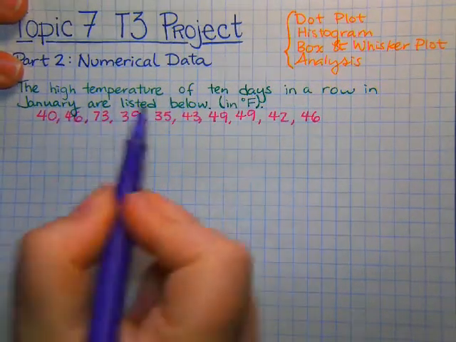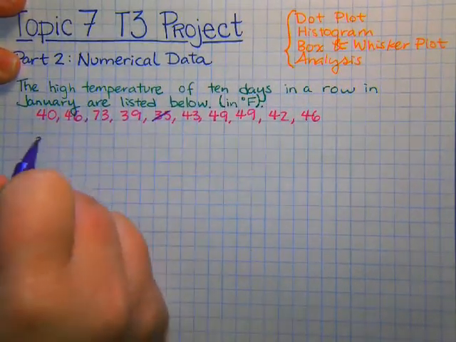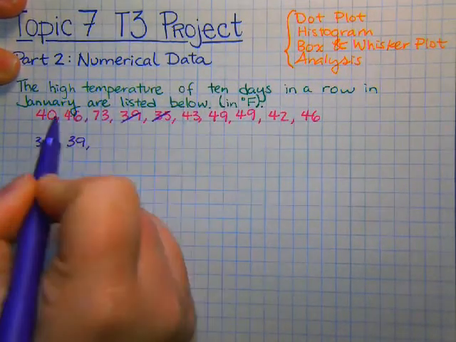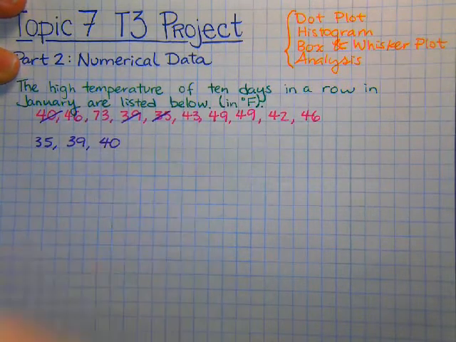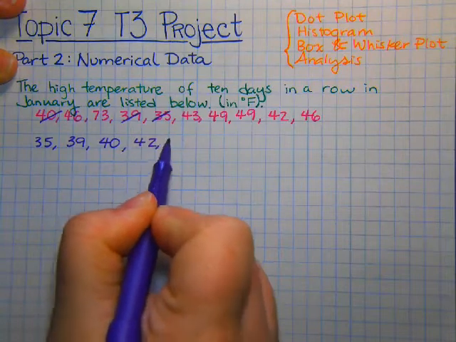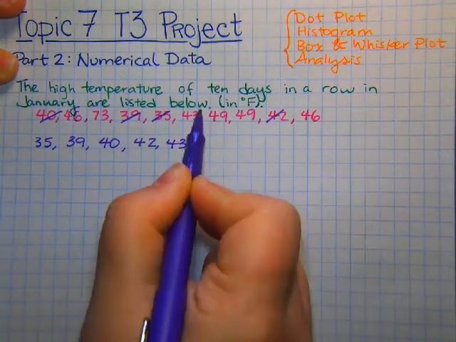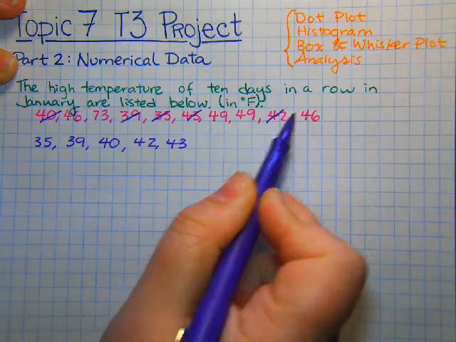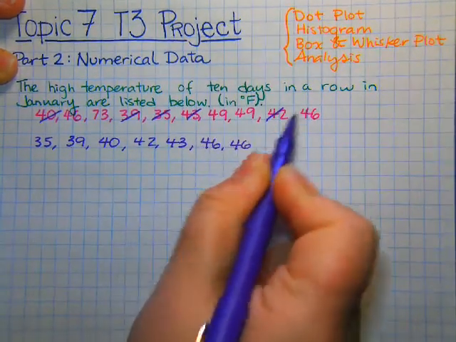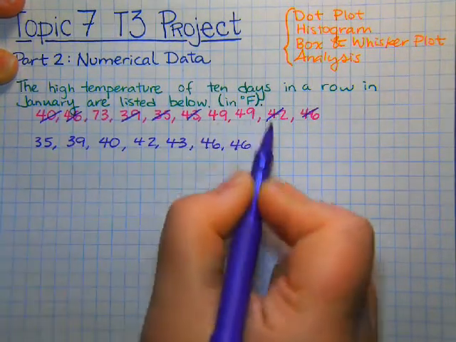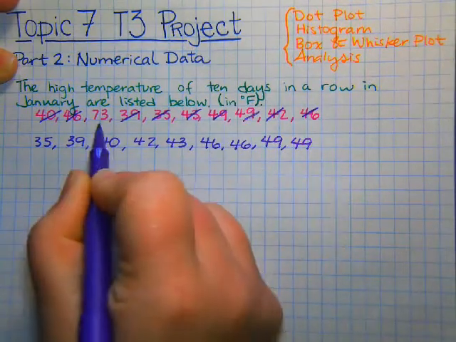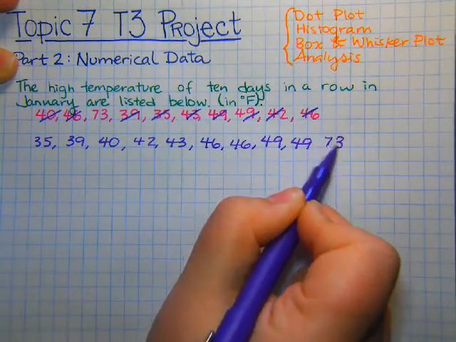So, last number is 35, and then 39, and then 40, and then I believe 42 and 43. And then, ooh, it looks like we have two 46s, two 49s, and then this really random one, which is 73.